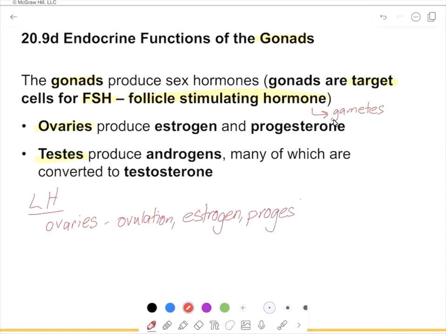So these specific hormones that are mentioned on this slide, estrogen and progesterone, are both triggered by the effects of luteinizing hormone. Within the testes, it is going to produce testosterone, which is the main androgen, the male sex hormone.